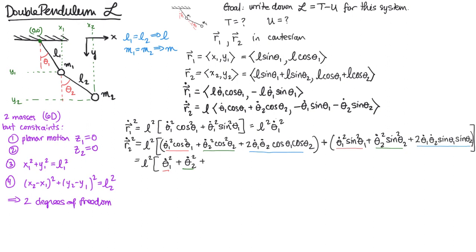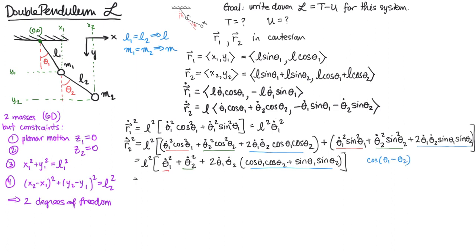And those we can write by factoring out the theta 1 and theta 2 dots. And we're going to see here a trig identity. When we have cosine cosine plus sine sine, that is an angle addition formula, cosine of theta 1 minus theta 2.